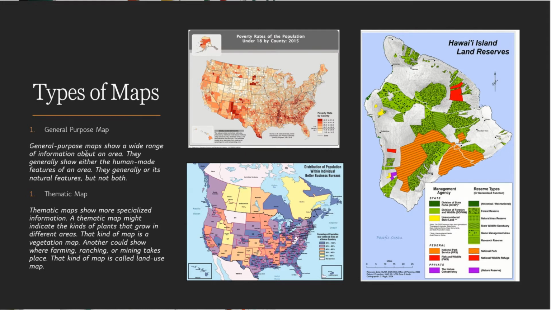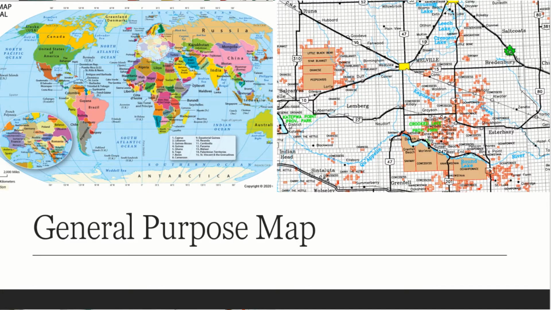Now general purpose map, for example, like a political map, I can show you here. This is the general purpose map. This is the world. I'm sharing with you the map that shows the countries. Another map you can see here, these are the streets and man-made features.